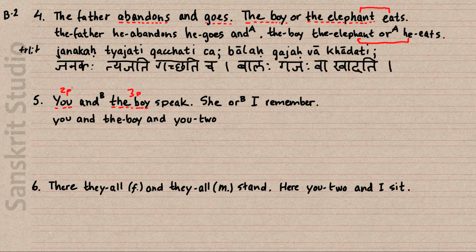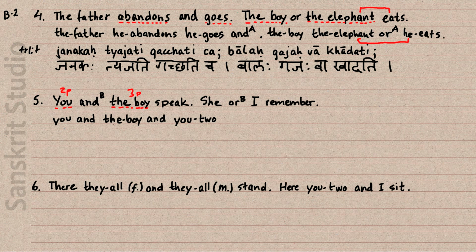But one of the rules is that second person always trumps or wins over third person. Second person overrides the third person. So "you" is more important. Therefore the combination of you and the boy is you two. It's not "they two", but it's "you two".